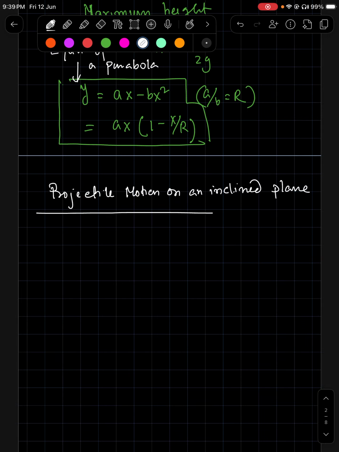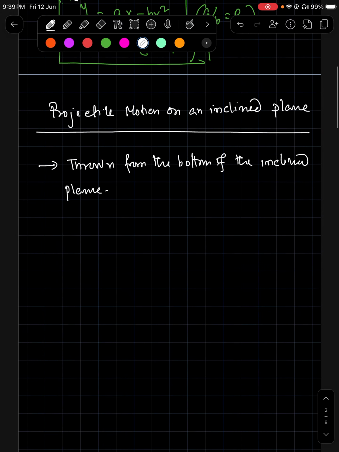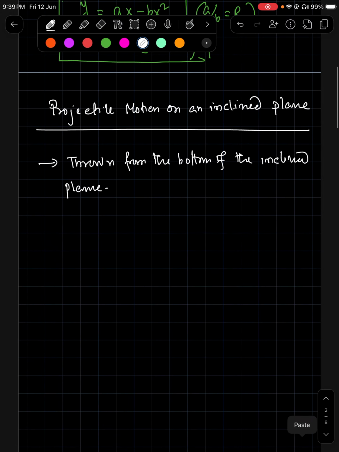That is, when a projectile is thrown from the bottom of the inclined plane, what will be the range, maximum height, and time of flight? The same thing. So let us first draw the picture.